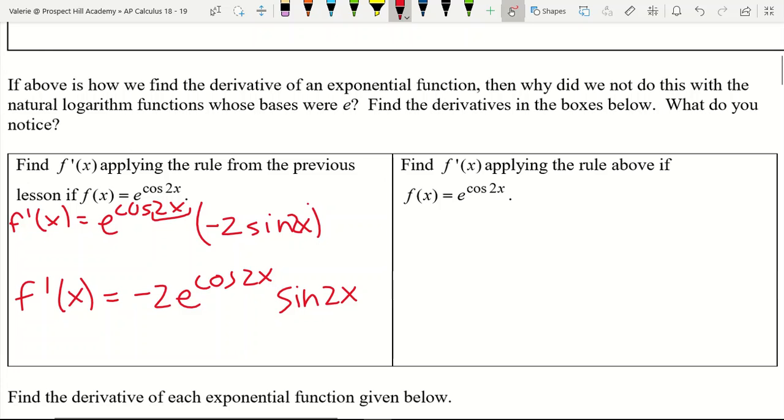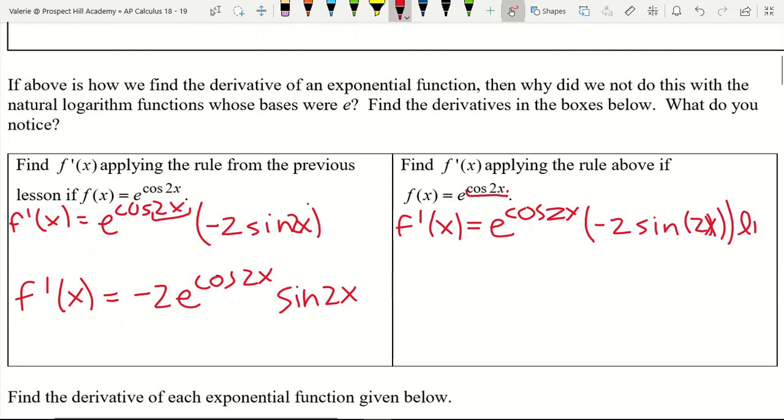Right? And if we apply the rule above, then we know that the derivative of f of x equals the original function times the derivative of that inner function, cosine 2x, which we already found to be negative 2 sine 2x.